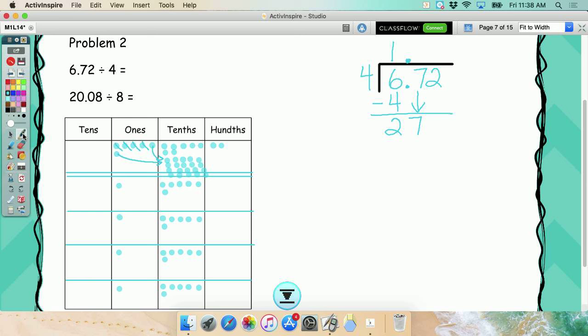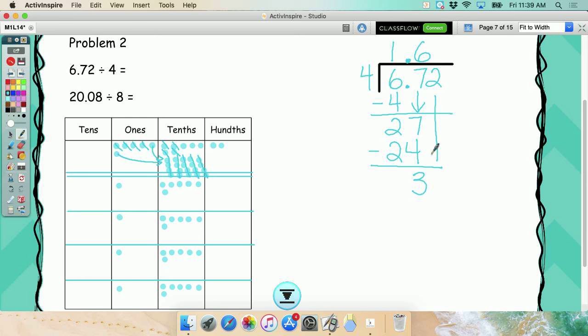And how many will I cross off? 24. I'm going to cross off like this. These are all crossed off. So how many did I put in each group, boys and girls? 6. 6 times 4? 24. 7 minus 4 is 3, less than my divisor.